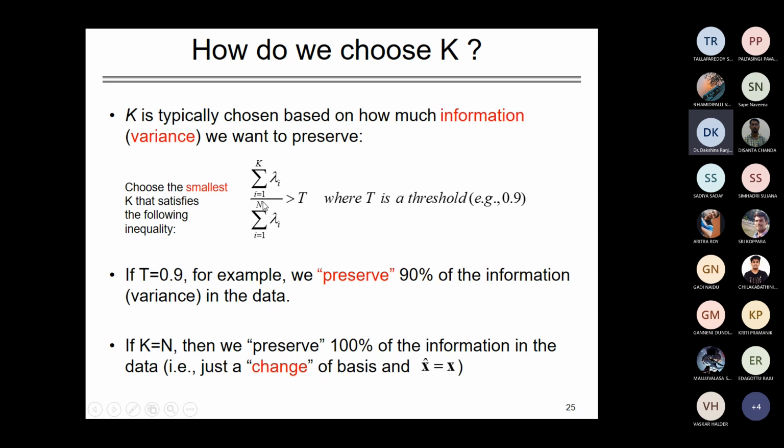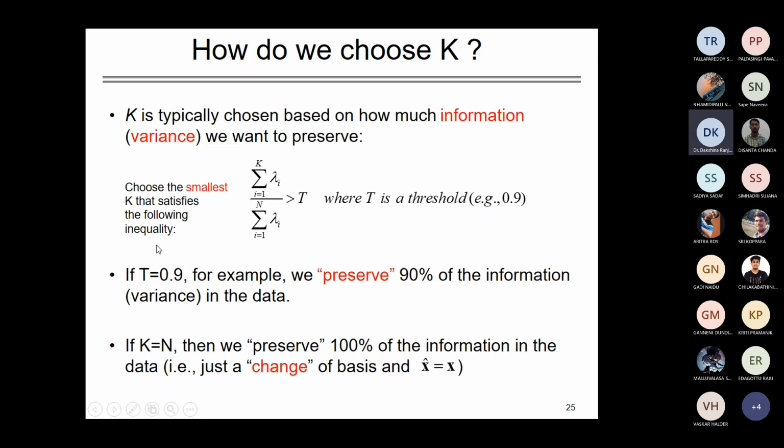When it is found to be greater than t by changing the value of k, then we will stick to that number k and get the corresponding eigenvalues and eigenvectors. So this is one criterion based on which we can select the k eigenvalues and k eigenvectors.